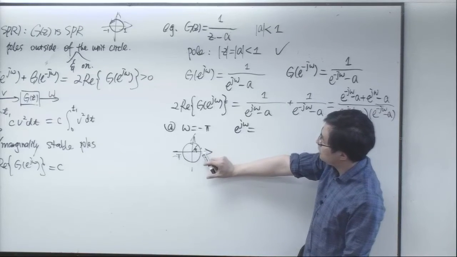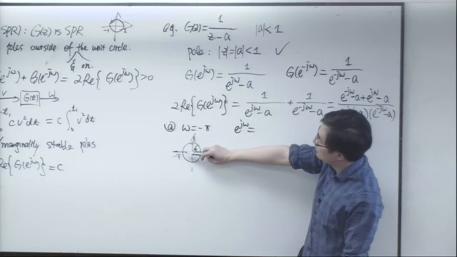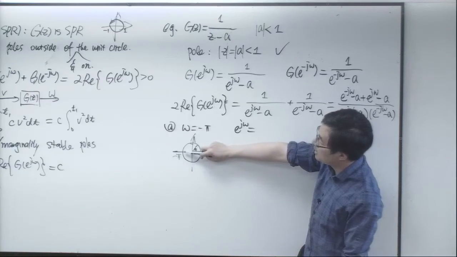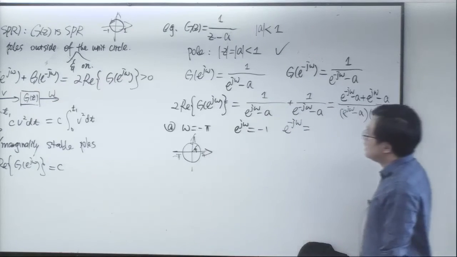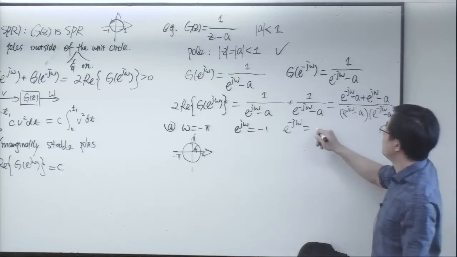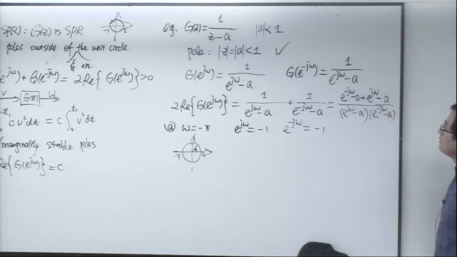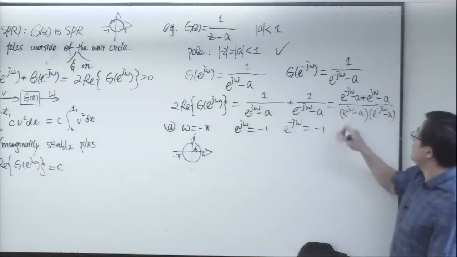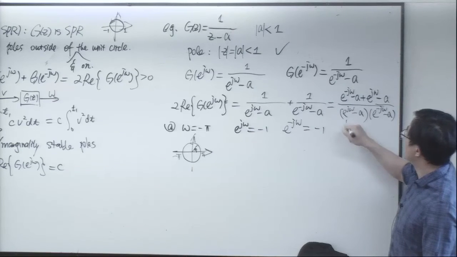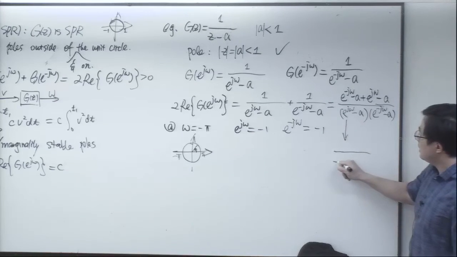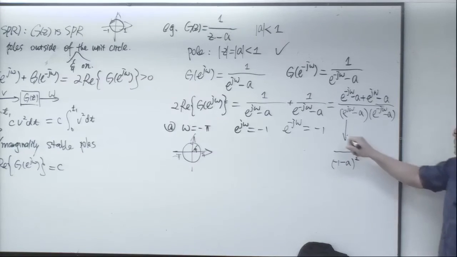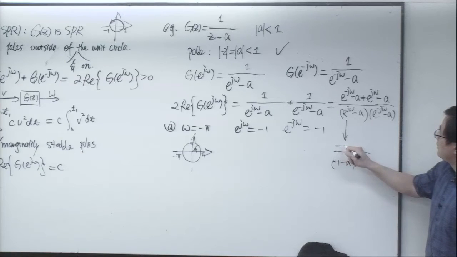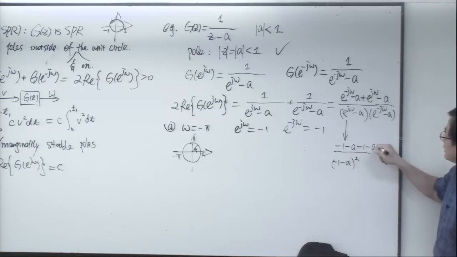So e^(jω) when omega equals negative pi is going to be negative 1. And e^(-jω) is also going to be negative 1. Then this number here is going to become negative 1 minus a square, and the numerator negative 1 minus a, negative 1 minus a.